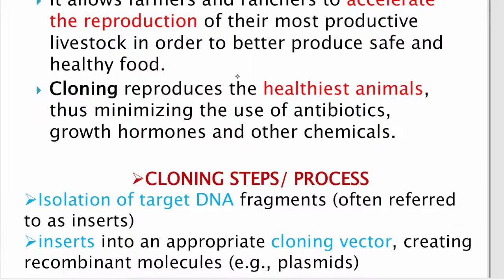So organisms become healthier because there is no interchanging of these sexual organs, whereby it can result in the transfer of sexually transmitted diseases. Thus minimizing the use of antibiotics. If there are no diseases, it means that we won't use antibiotics. You understand? And other chemicals.